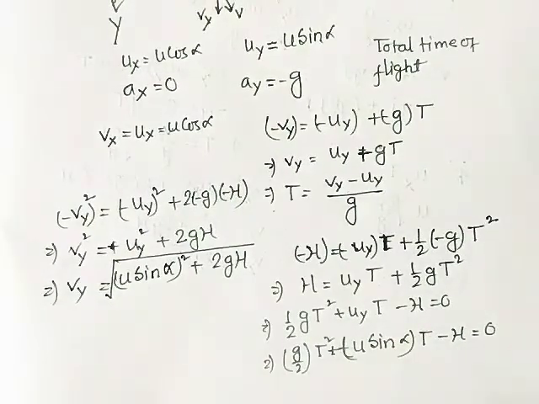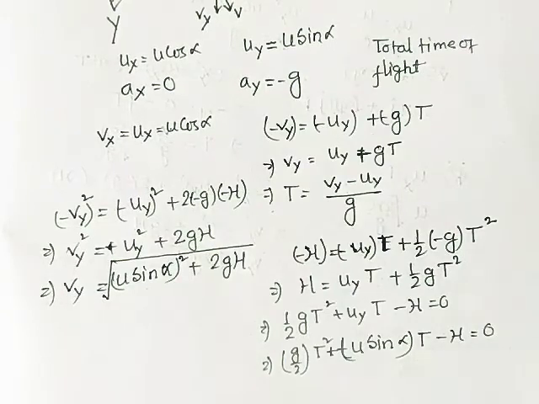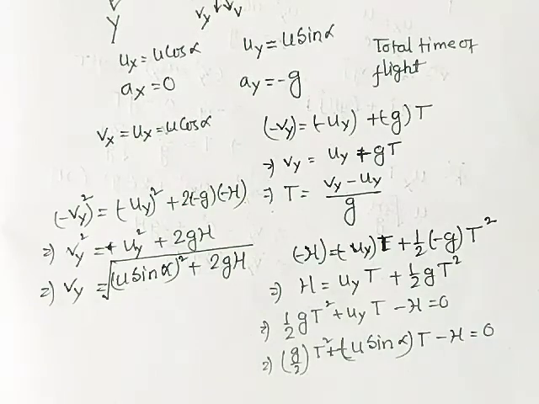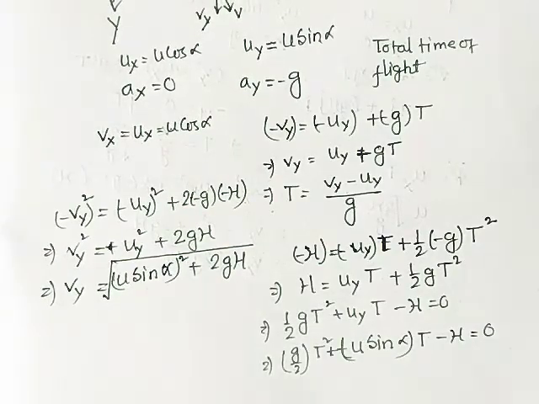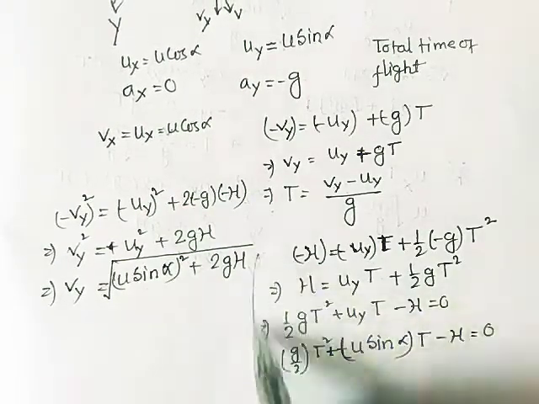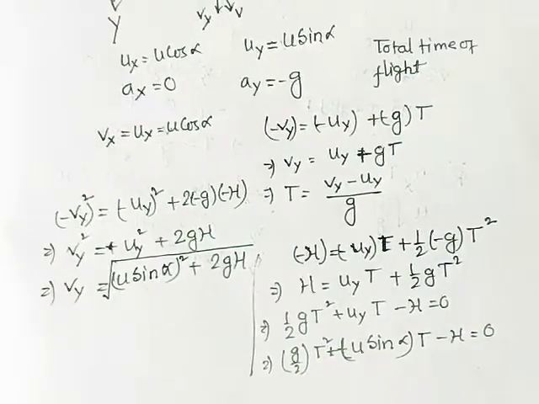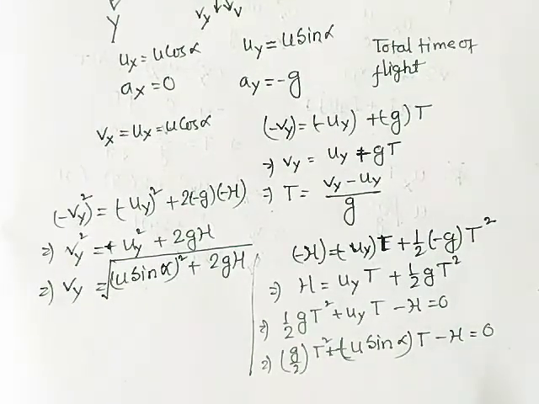Solve it using the Sridharacharya formula, or if all the values are given, you can use middle term factorization. So two values of time will come, the positive and the negative. Negative time will be retarded, it should not be considered, the positive time is taken. So this way the time also can be found out. So we get all the information about this.